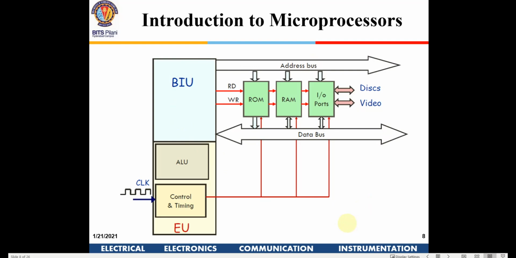When we see 8086 from the next class onwards, we'll take each one of them in detail: how an address is placed onto the bus, how the read operation takes place, when it takes place, what the timing diagrams are. All this will be discussed in detail.